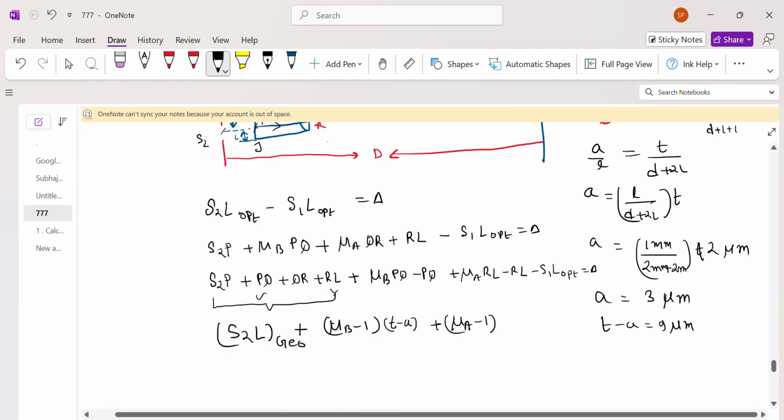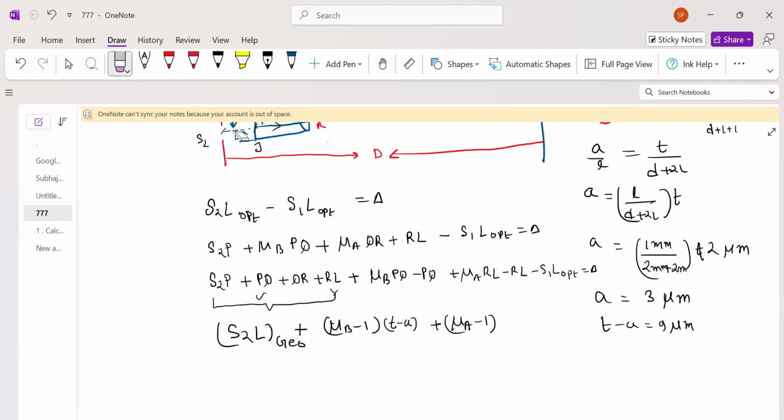I have made a mistake, this is QR only, not RL. So this is mu A into QR, which follows from this step only, minus QR. Then minus S1L optical, and I will write this delta on this side.